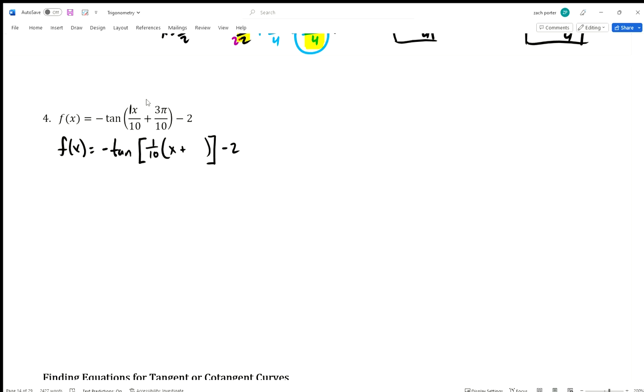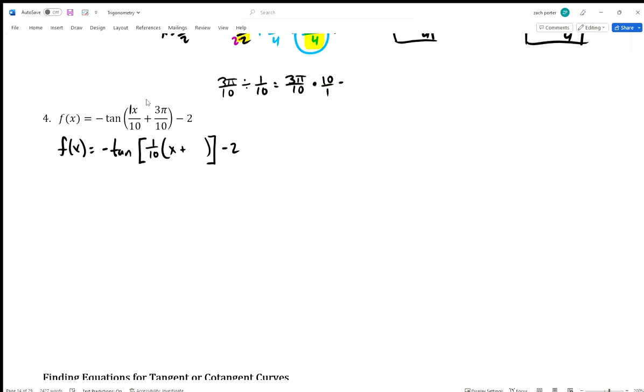Now, you can guess and check, as long as you distribute it back in to verify that we have what's up above. However, one of the ways that we did this, we said the second number in that parentheses divided by the first coefficient should give us what goes in that parentheses. So keep the first fraction, change to multiplication, flip the second fraction.